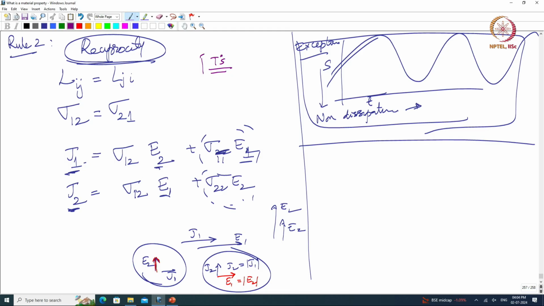There are some exceptions, because we derived the Onsager formulation by assuming that TṠ is just dissipation. But if S is changing with time, as some sort of oscillatory function, which can happen in neurons or neural systems, then the validity of Onsager reciprocity is to be questioned.